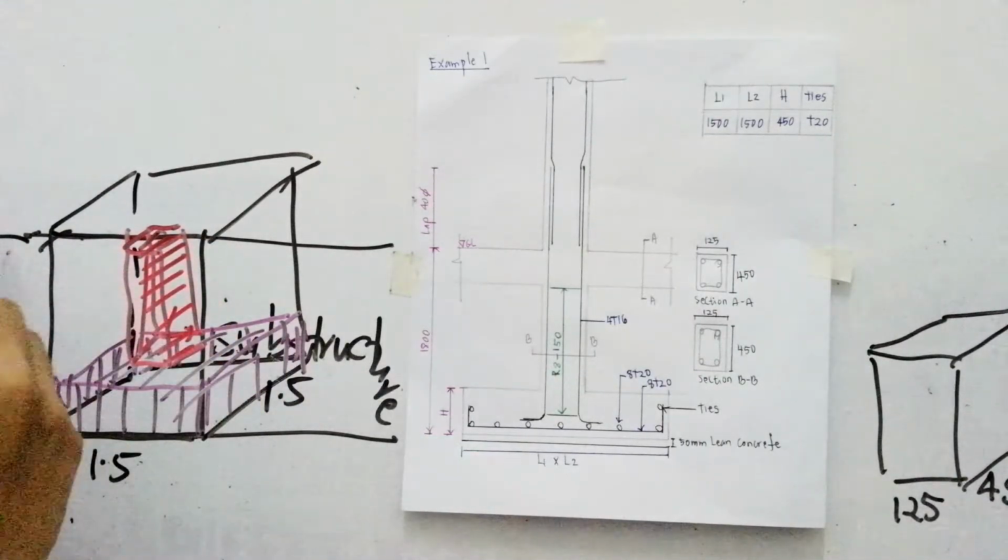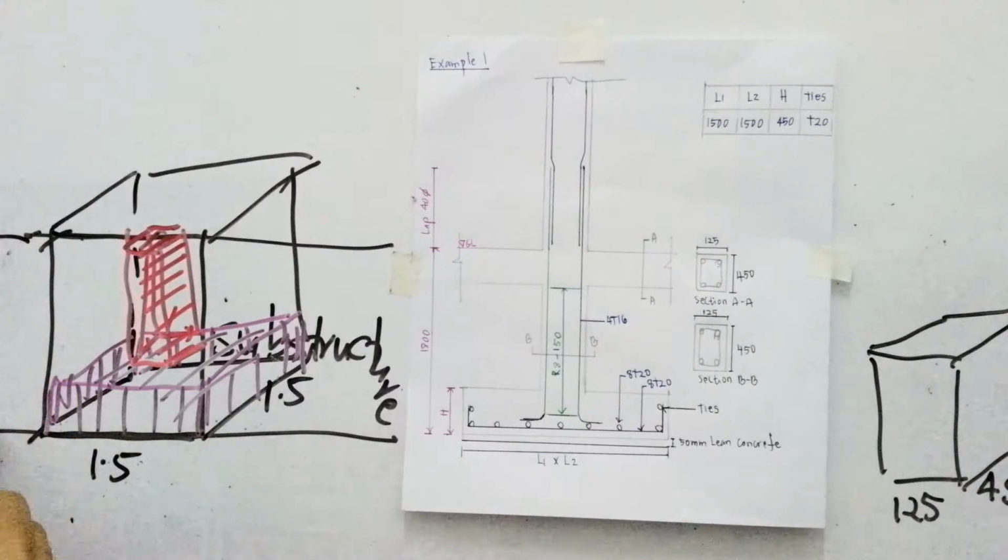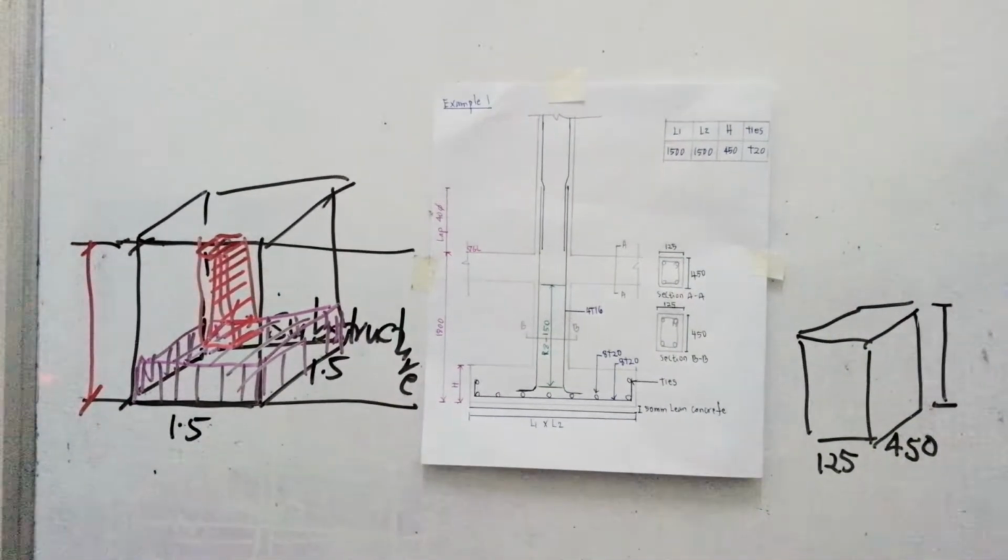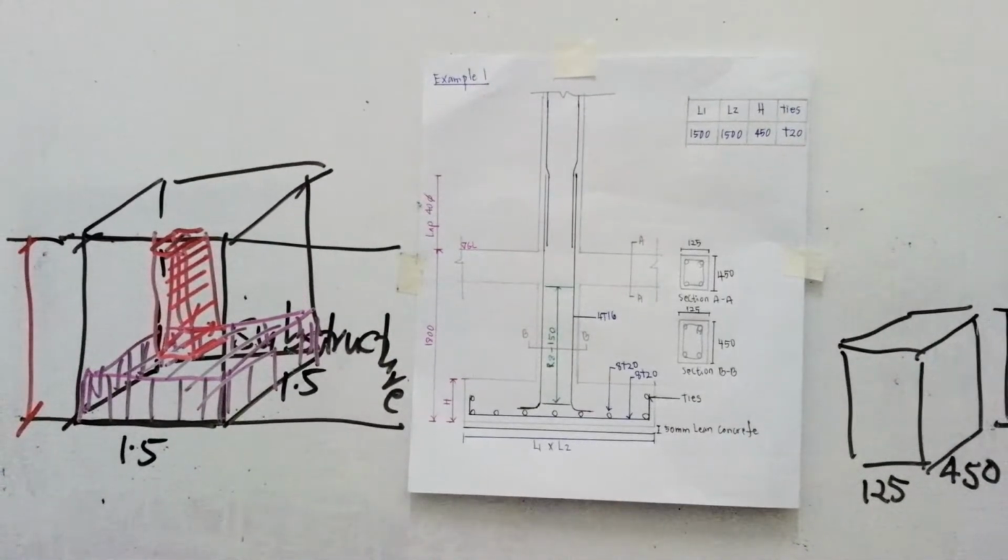Alright, so the depth, you need to calculate the depth of your pad footing. Referring to the explanation that I explained in the slide, we know that the excavation works have been divided into 3 stages.